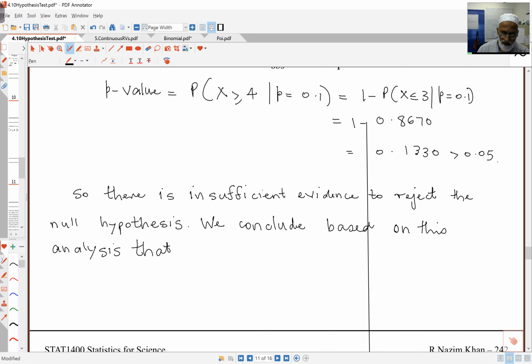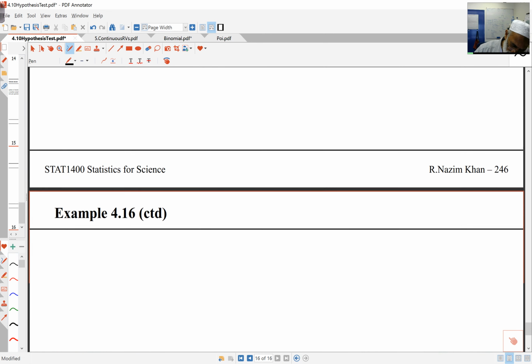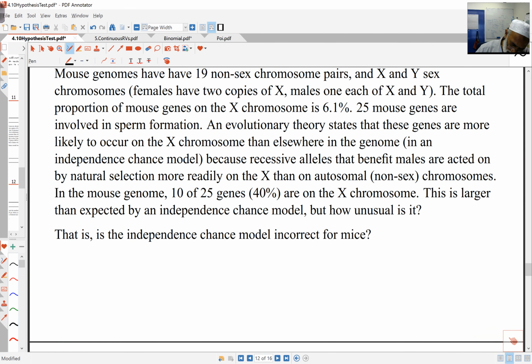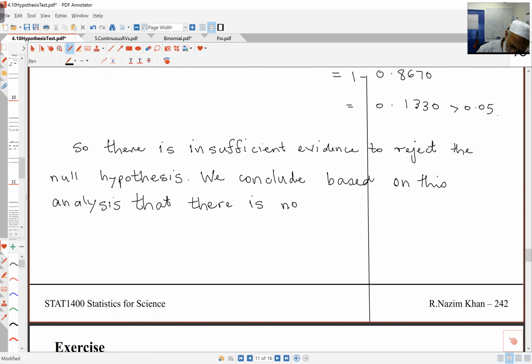So there's nothing wrong with the guidance and this claim. And so there is no evidence against the claim.